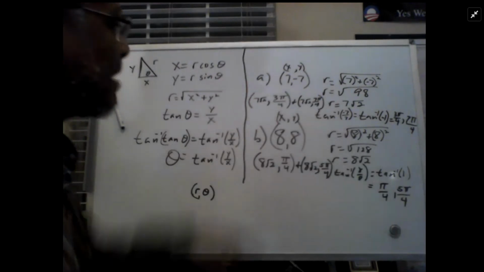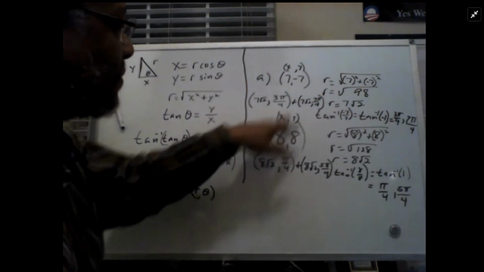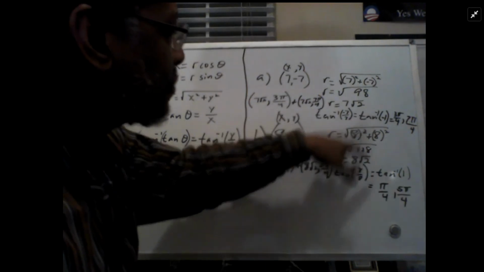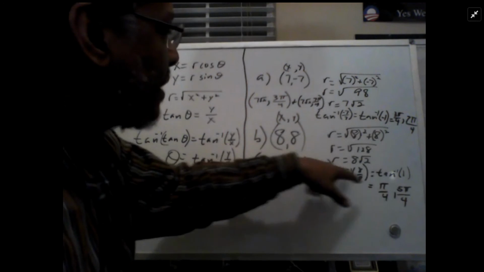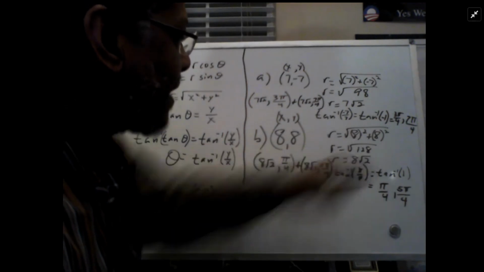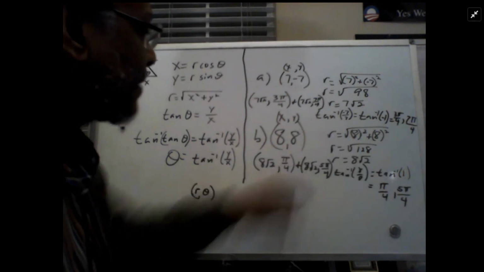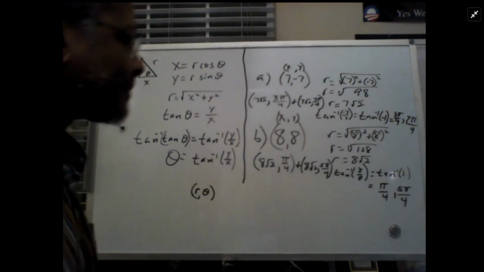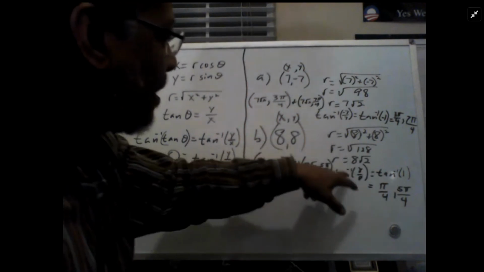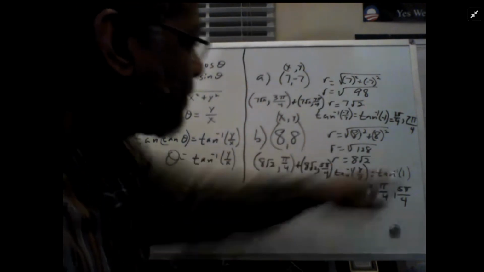Going to our last example, rectangular coordinate (8, 8), x equals 8, y equals 8. Try to find the radius. Radius equals the square root of 8 squared plus 8 squared, the square root of 128. The radius is 8 radical 2. Now, the tangent: inverse tangent of 8 over 8 is the inverse tangent of 1.